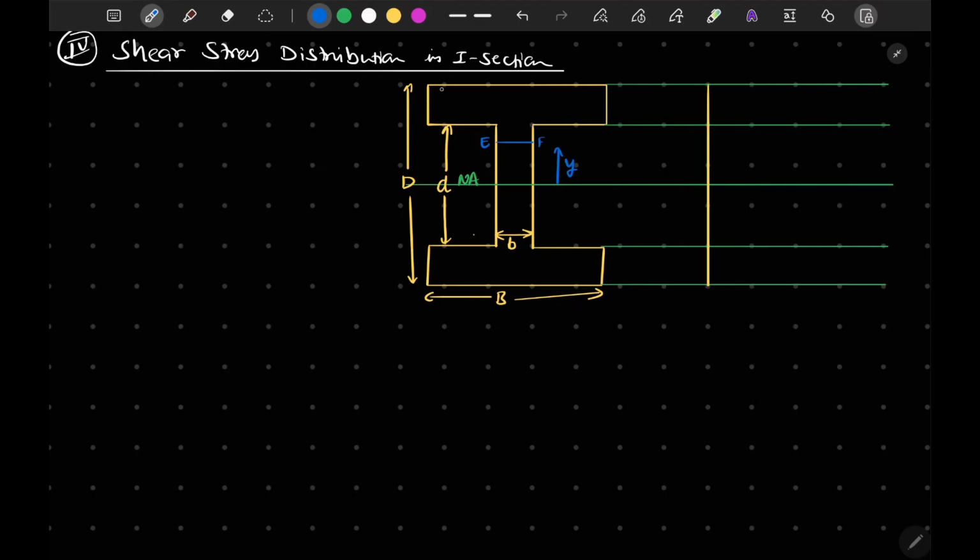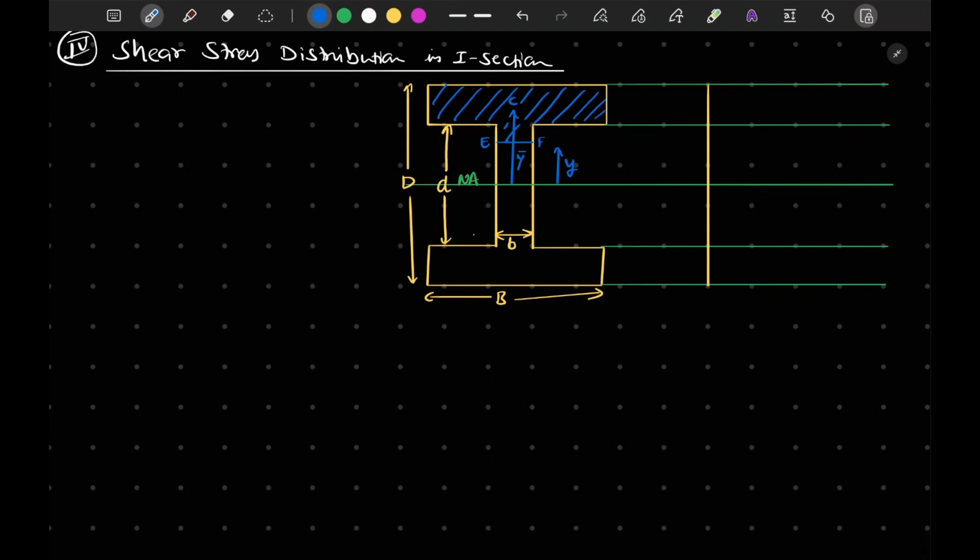Now we have to consider this complete area here. I hope you understood this point. Let's say this is the centroid for this section, and the centroid will be at a distance of y bar. I hope you understood till this point.